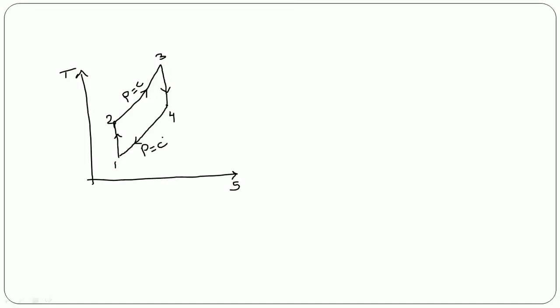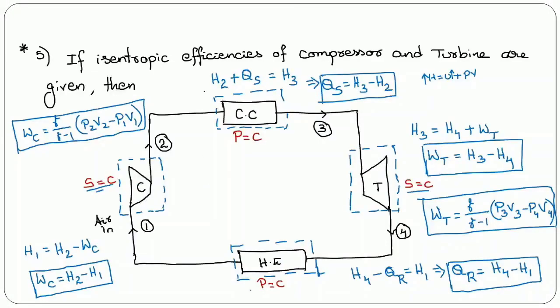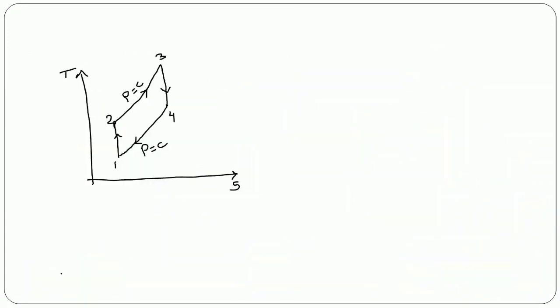So far we have considered the Brayton cycle only. Now see here, if isentropic efficiencies of compressor and turbine are given, that means if isentropic efficiencies are given in the problem, then we need to understand that the process is no more isentropic during compression and expansion, but it follows adiabatic path.